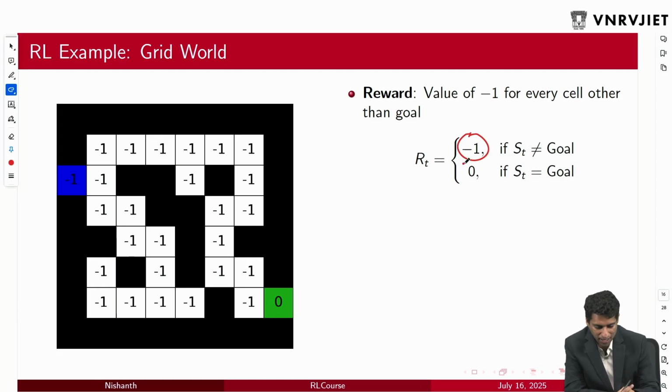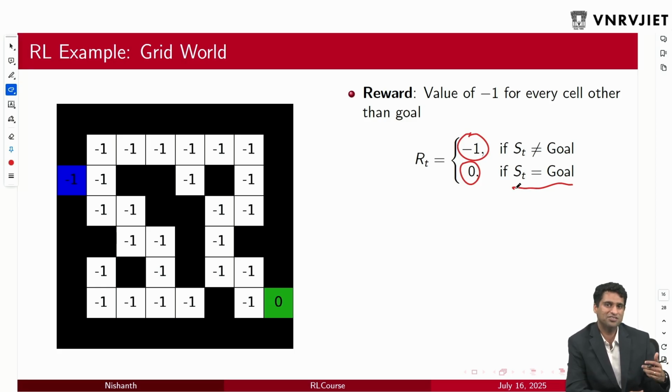And then as soon as the robot reaches the goal state, it receives a reward of 0, indicating that it has reached the goal and its battery won't discharge anymore. So this is one definition of a reward function.